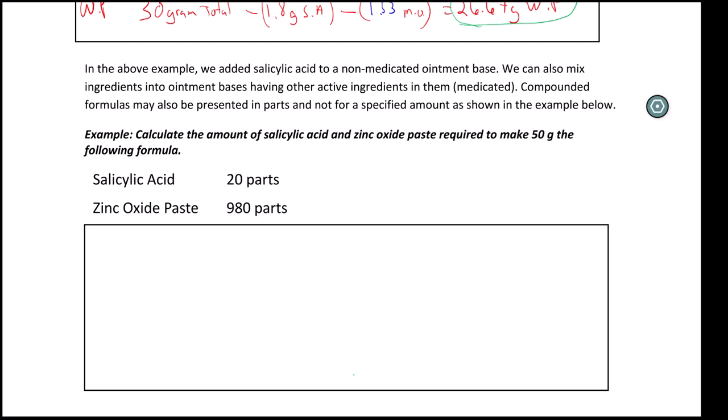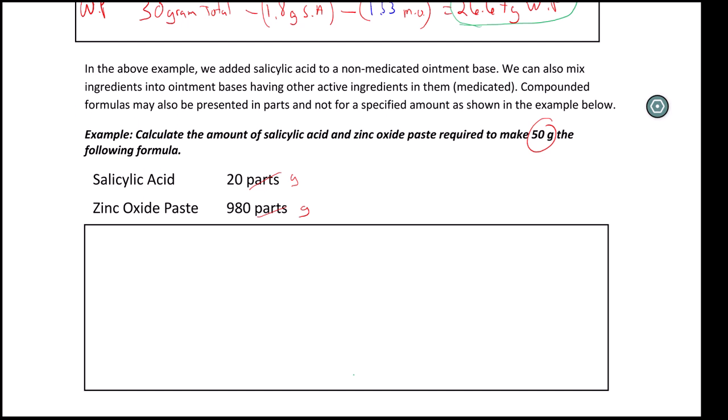So let's break it down and put this into language that we might understand, especially when we're looking at parts. If we're looking at parts and it says 50 grams, let's make these parts for our purposes say grams. So now it says that I need 20 grams of salicylic acid every time I have 980 grams of zinc oxide paste.